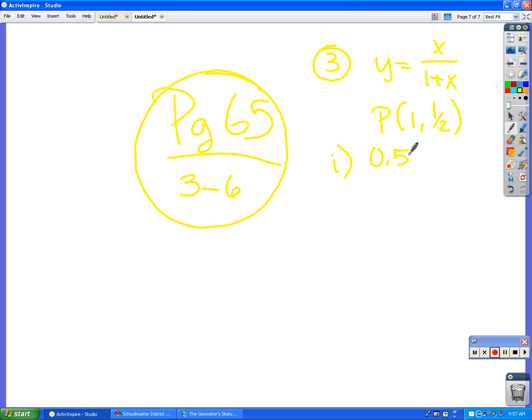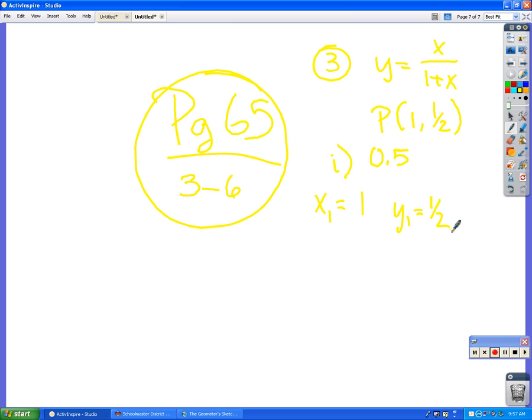So what they're saying is, here's the function, y equals x over 1 plus x. What was the function that we used in the problem we were doing together? X squared, okay? And then they're saying x1 is 1, and y1 is 1/2, okay?